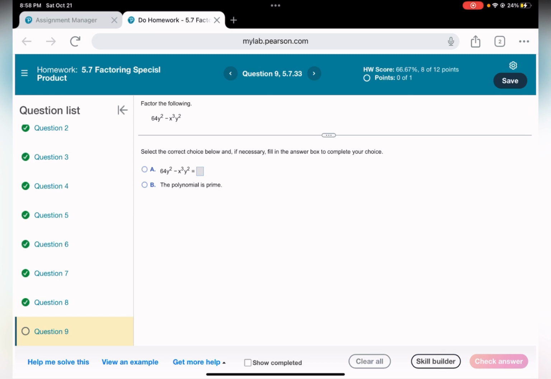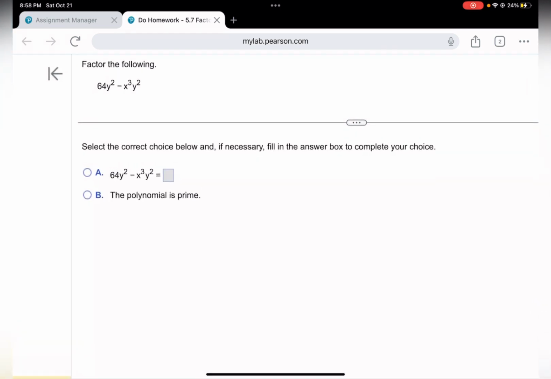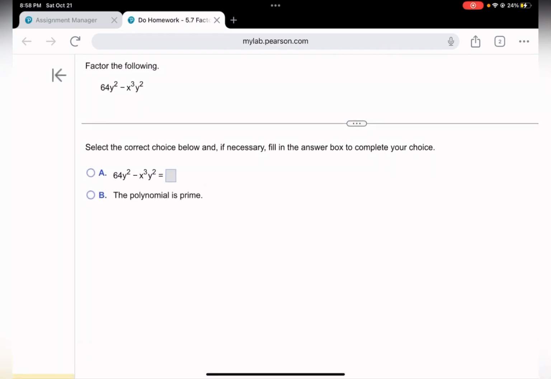Number 9. What do we have here? 64 y squared minus x cubed y squared. All right.